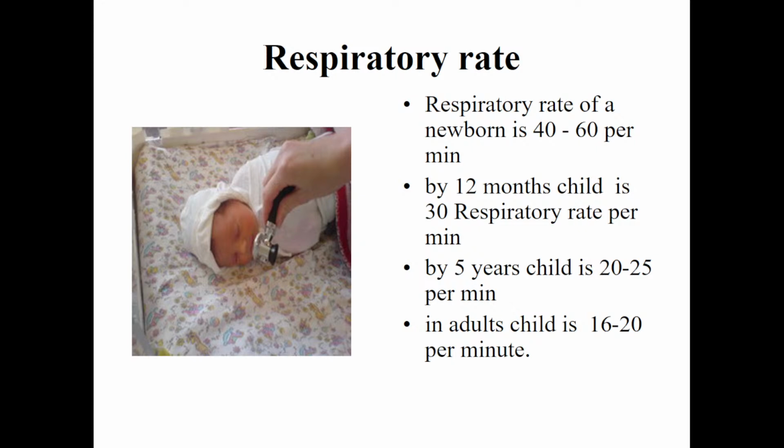At 12 months old, the child's rate is 30 per minute. At 5 years old, the child's rate is 20 to 25 per minute, and in an adult it is 16 to 12 per minute.